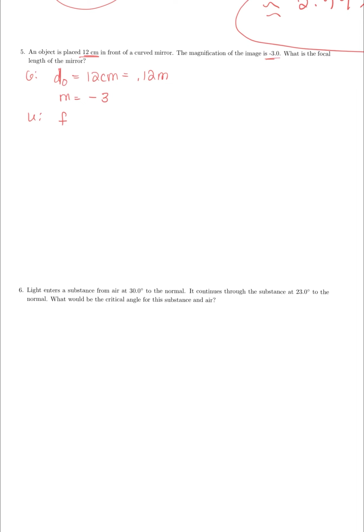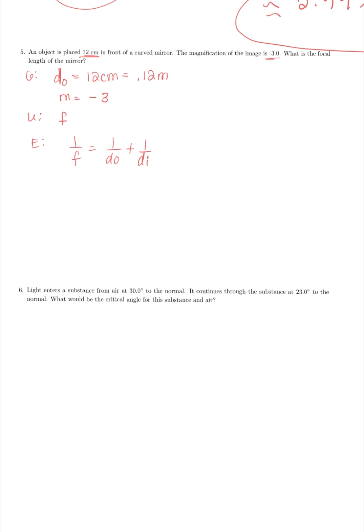Okay, so we have a mirror equation that tells us 1 over f equals 1 over do plus 1 over di. Di is image distance, do is object distance. These distances are measured from the center of your mirror, or when we see lenses, from the center of your lens to the object or to the image.